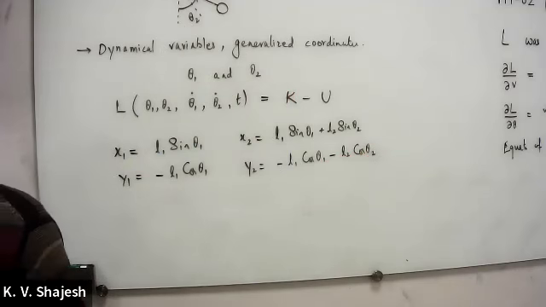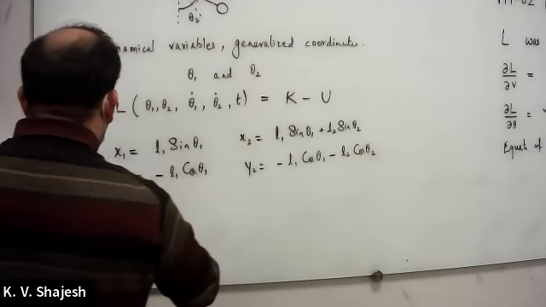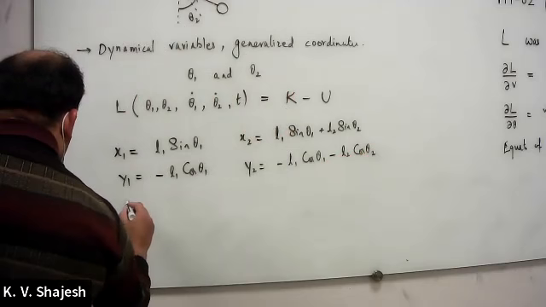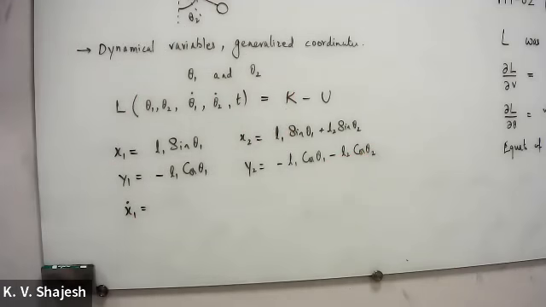Okay, so we are interested in the velocity, so we need the time derivative of x1. Let's write a dot representing the time derivative, x1 dot.